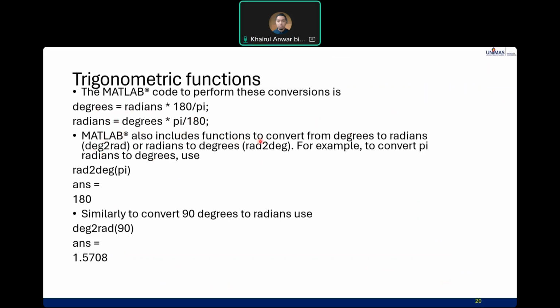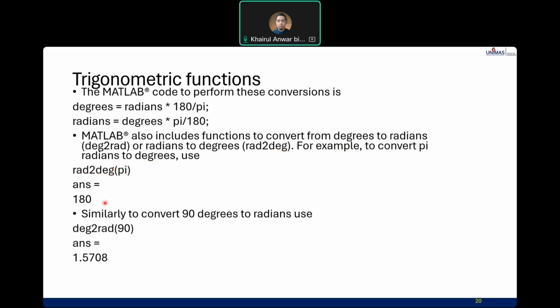MATLAB also includes functions to convert from degrees to radians. You can use the commands deg2rad and rad2deg. To convert pi radians to degrees, use rad2deg(pi).